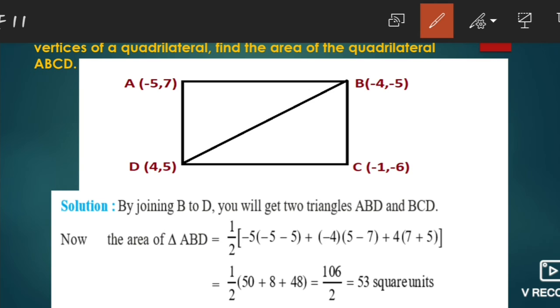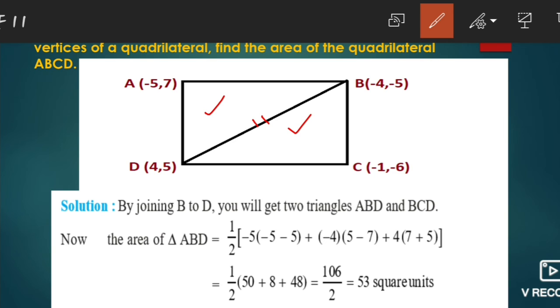But I am drawing a rectangle. Suppose this ABCD is a rectangle. I am joining B and D, that means I am drawing the BD diagonal. Now this BD diagonal will divide the quadrilateral ABCD into triangles. One is triangle ABD, another is triangle BCD.